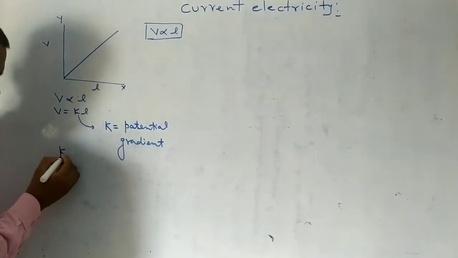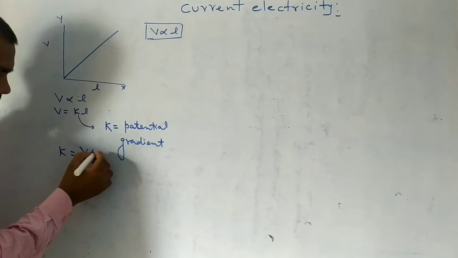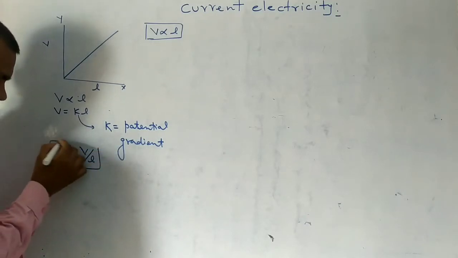So potential gradient, this we will get V by L, right?